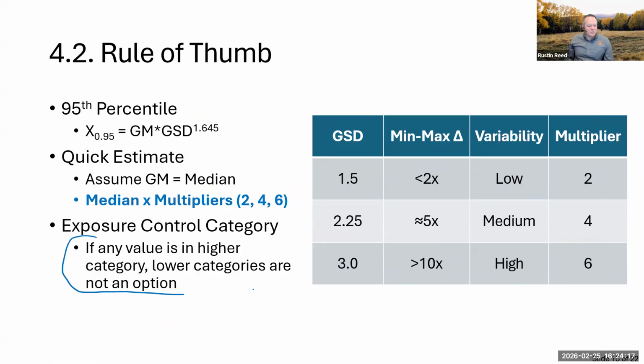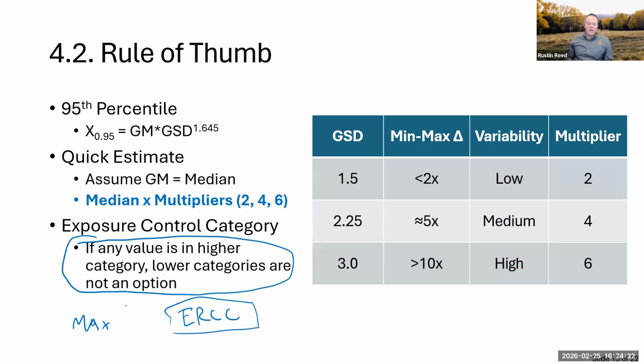If that maximum value, so we're going to look at that max value in our data set, is in an exposure rating or control category all by itself, then we cannot pick a category that is lower than whatever that one is.